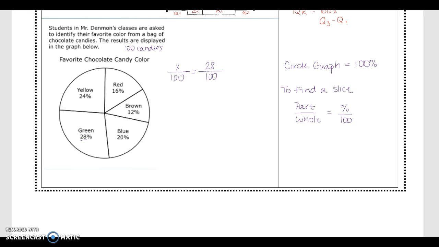So that would be 28 because they're equal. So this is how many green, right? Okay, so what if they asked how many total?